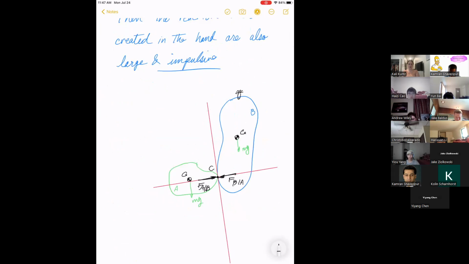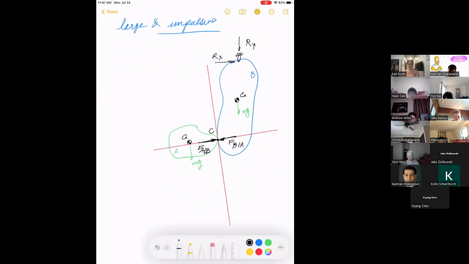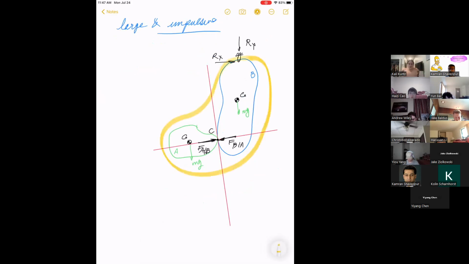You have Rx here, maybe Rx the other way. If I want to consider the free body diagram for both of them, let's say this is my system. That's what we did with the impact of two objects.